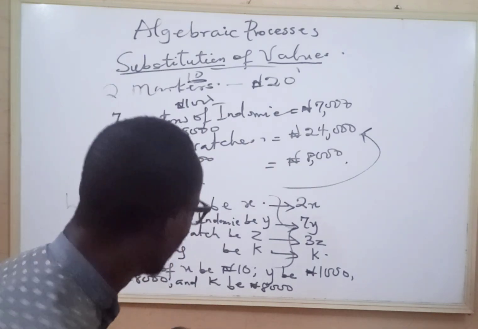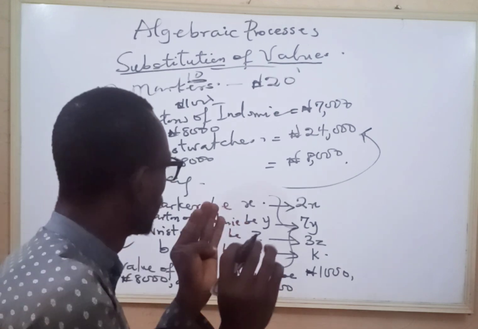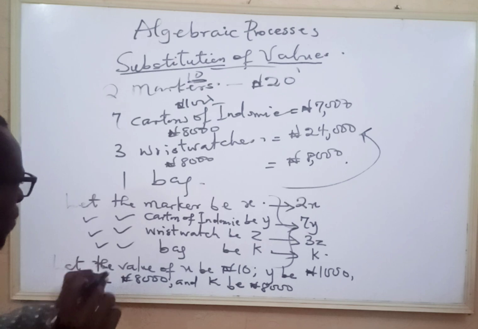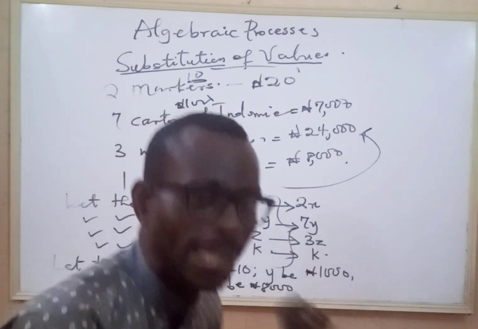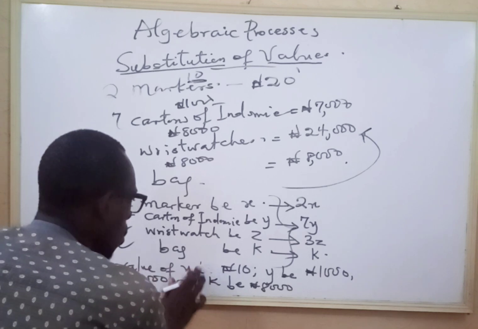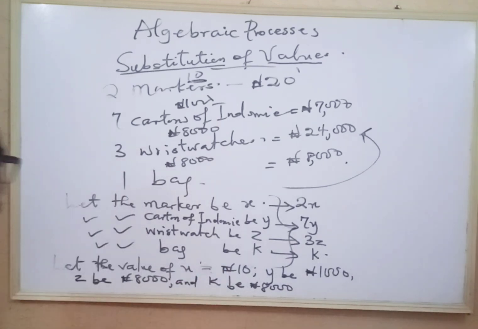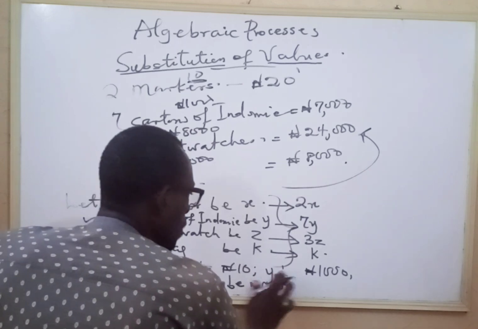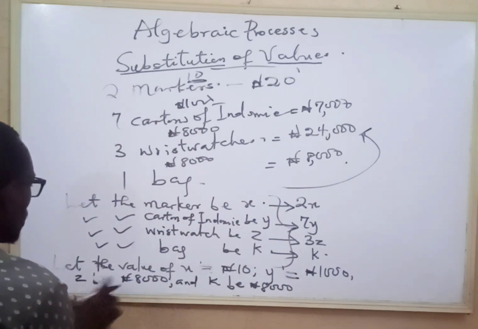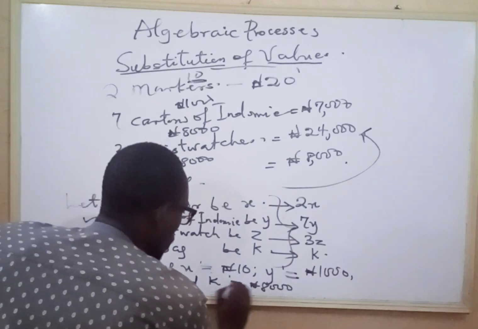Do you know that we are using the use of English at this point. Let the value of S be 10. That simply means that let it be equals to, let Y be equals to, let Z be equals to, and let K be equals to this.